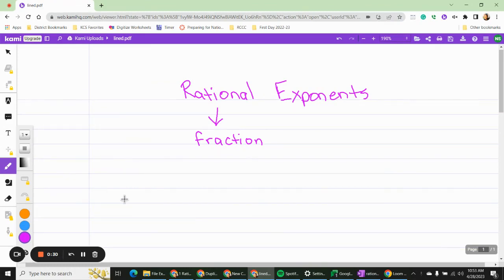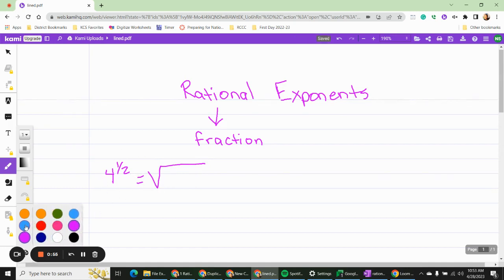So let's start off with an example to show you what we mean by a fraction exponent. 4 to the 1/2 power. That's a fraction exponent. Now we can rewrite fraction exponents as roots. Square root, cube root, fourth root, something with the little radical symbol like this.